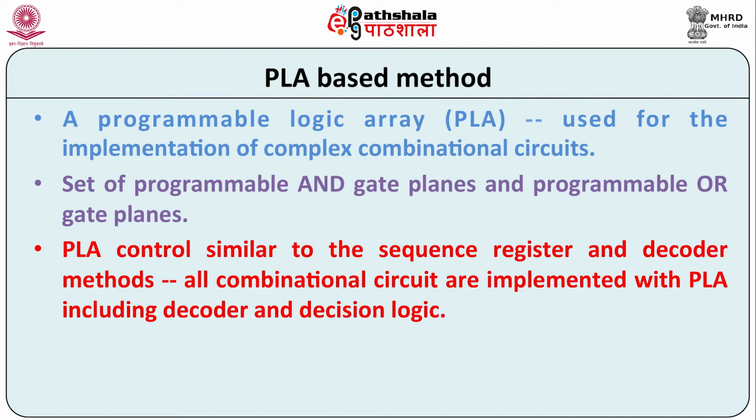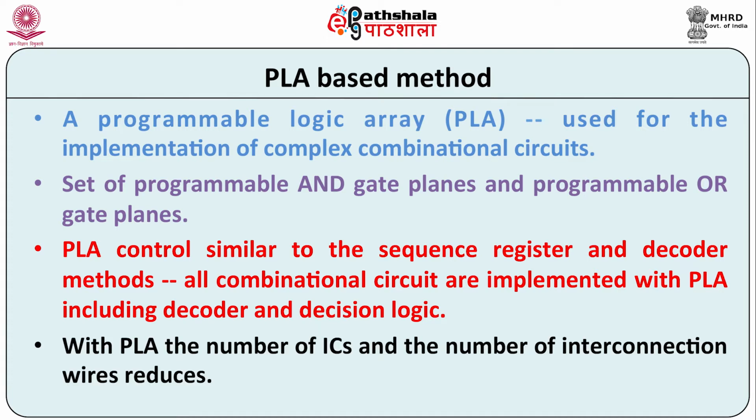The PLA control is basically similar to the sequence register and decoder method, except that all combinational circuits are implemented with the PLA, including the decoder and decision logic. By using a PLA for combinational circuits, it is possible to reduce the number of ICs and the number of interconnecting wires.